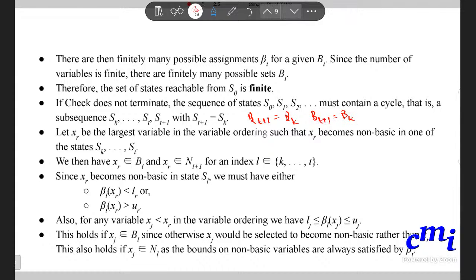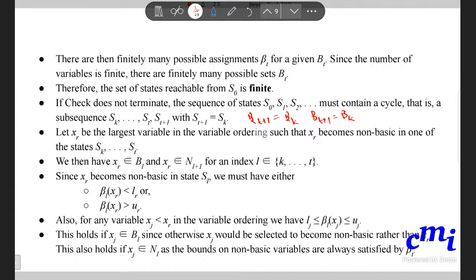Which means that between sk and st plus 1, several variables in bk can go out and come back, but whatever goes out will have to come back eventually, if there is a cycle.